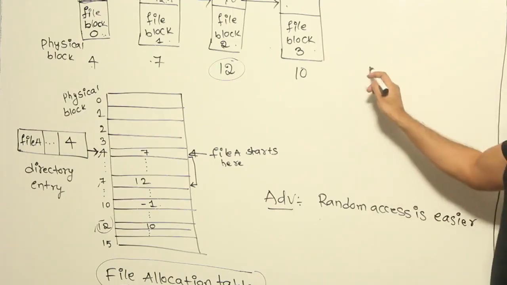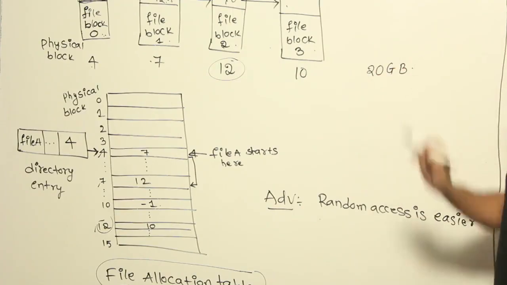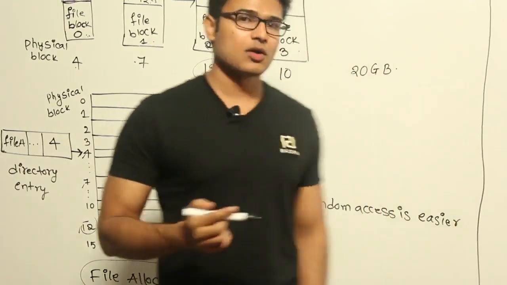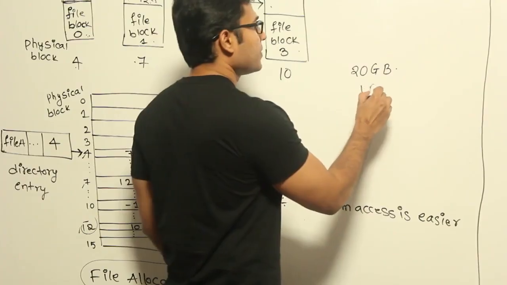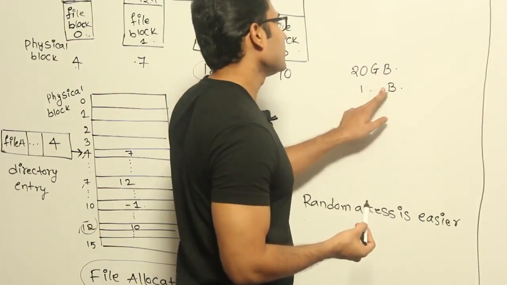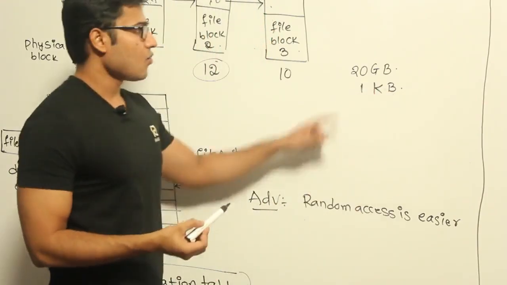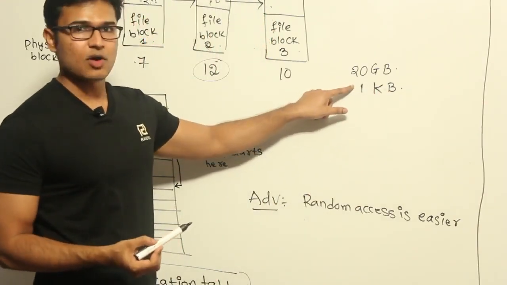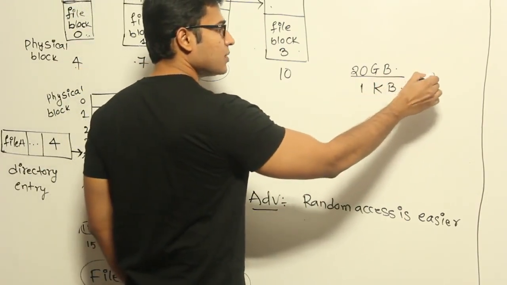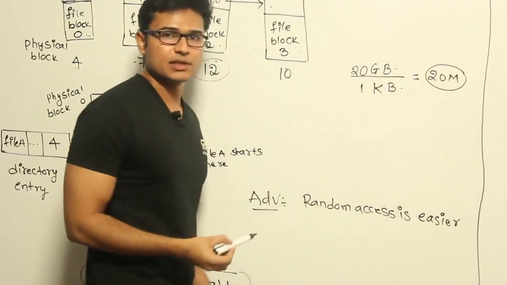Let us say a hard disk is having a capacity of 20 GB, and assume that each block is of size 1 MB, or let me say 1 KB. 1 KB is the size of each block, right? Now if this is the size of each block, then the total number of blocks present in this hard disk is going to be 20 million. So 20 million blocks are going to be present in the hard disk.